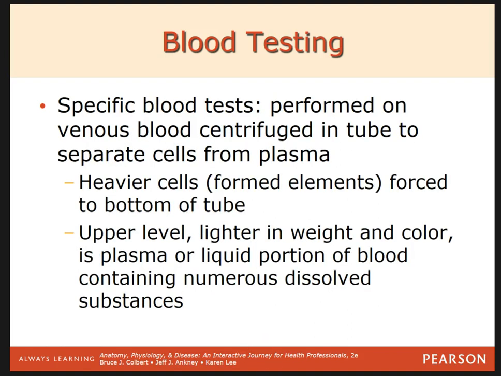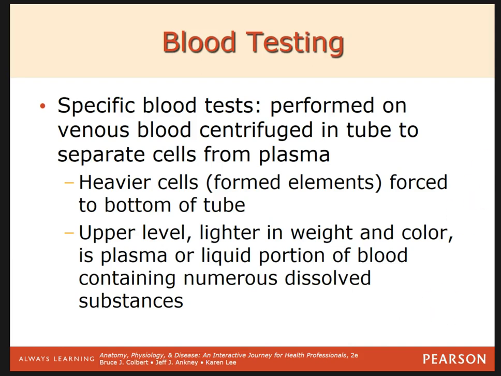Now, talking about specific types of blood tests, we can perform specific ones to identify a component. It's usually performed on venous blood that has been centrifuged. So they put it in a machine, spin it around, and all of the parts will fall out with the heaviest falling to the bottom of the tube.